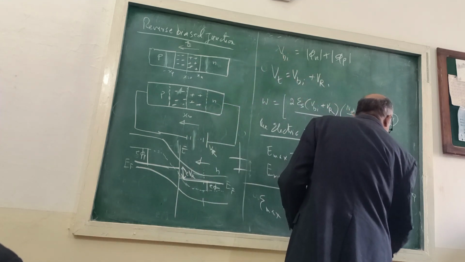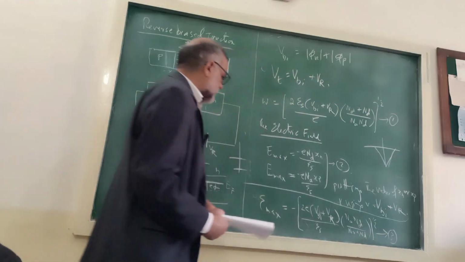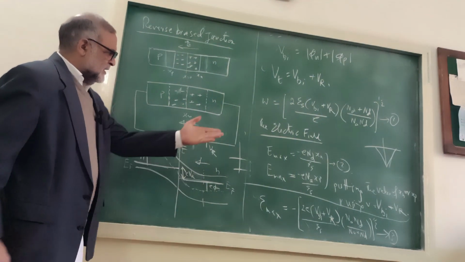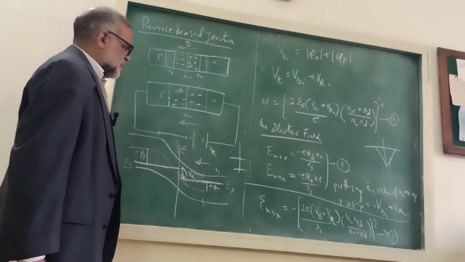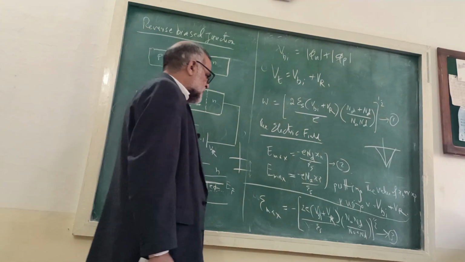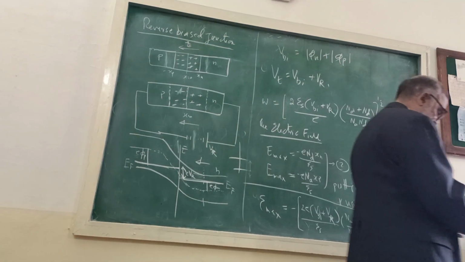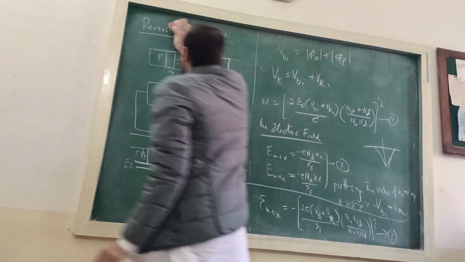You put the value of xn or xp, and you get the maximum field.